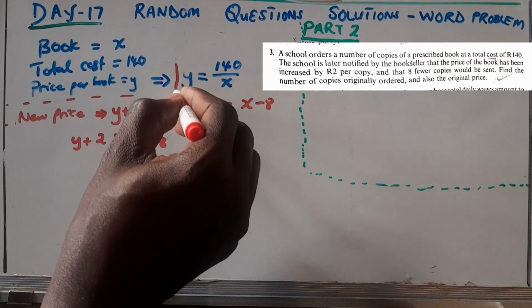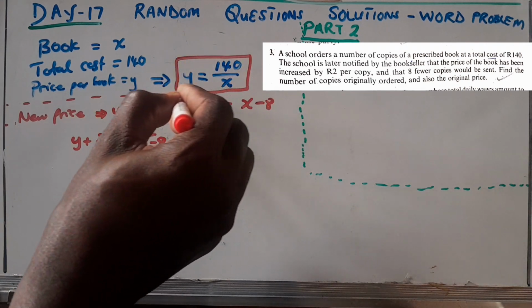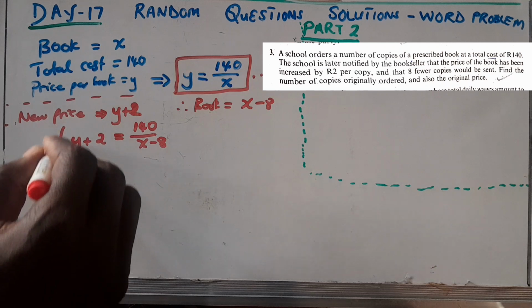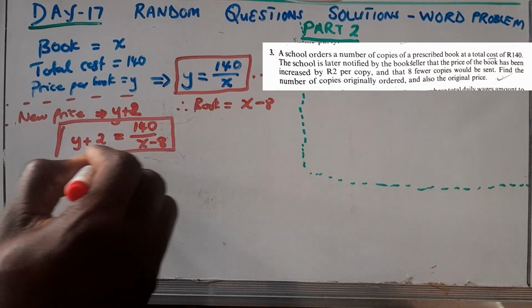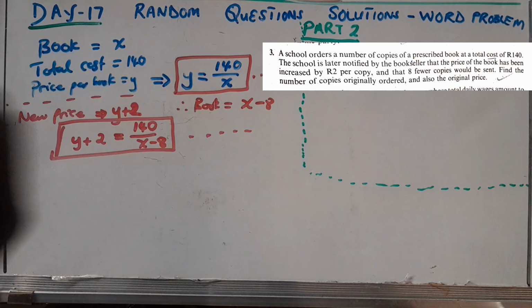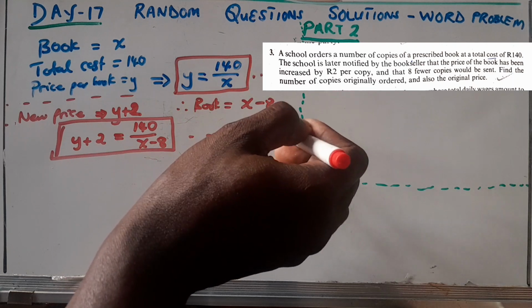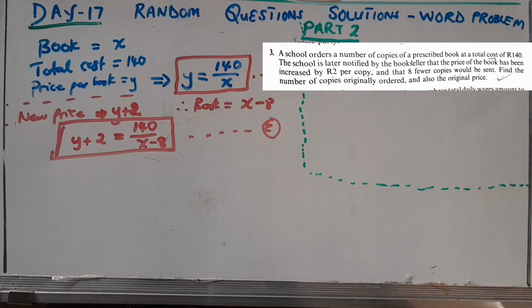So now we have 2 equations. We have the equation that we originally had and also this second equation. So we can work this simultaneously. I showed you how to do a simultaneous equation on day 12 and day 13, if I'm not mistaken.